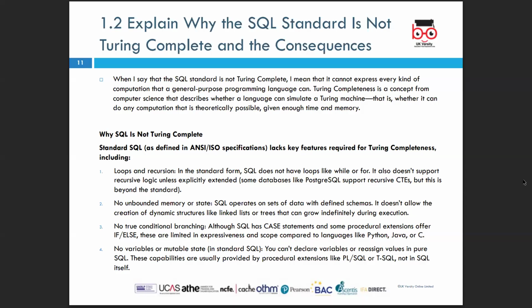Then unbounded memory or state. For example, SQL operates on sets of data with a defined schema, which does not allow the creation of dynamic structures like linked lists or trees that can grow indefinitely during execution. No true conditional branching.